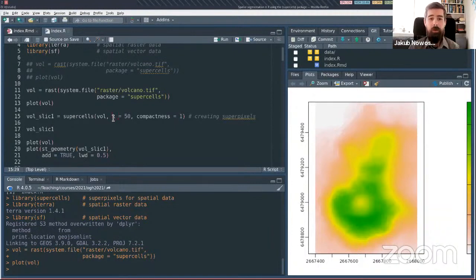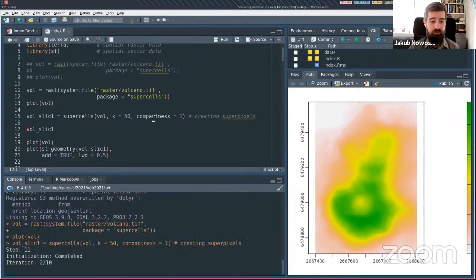It's actually k is the number of output superpixels. So how many superpixels I want to have as the output, and compactness is this proportion. So how much impact should the spatial distance have versus the value distance.